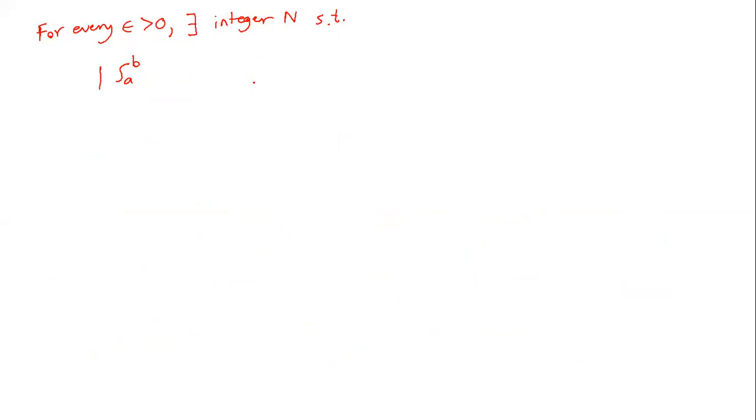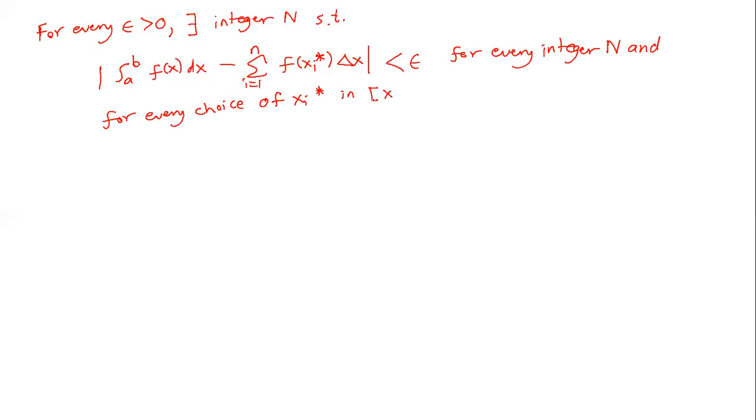And so what it ends up being is that for every epsilon greater than 0, there exists an integer N such that the integral from a to b of f of x dx minus this other thing, which is what it's equal to in the limit, is less than epsilon for every integer n, and for every choice of xi star in x(i minus 1) and xi.